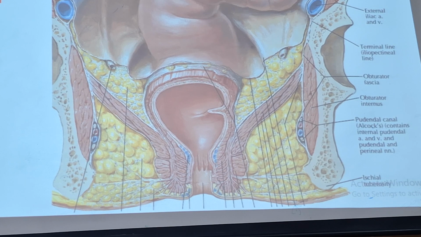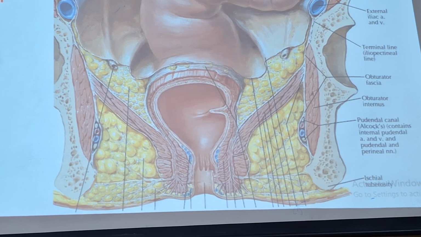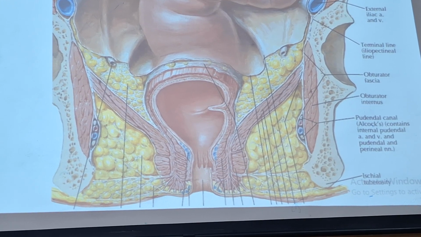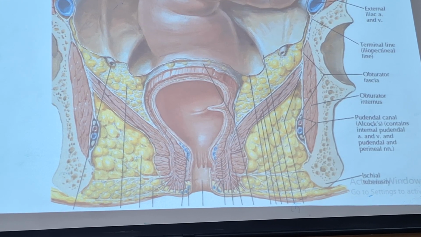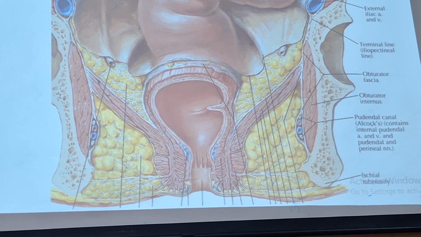Lunate fascia. Okay? Another part which contributes to this area is some part of the sacrotuberous ligament. As you know, the sacrotuberous ligament attaches to the ischial tuberosity, yes?